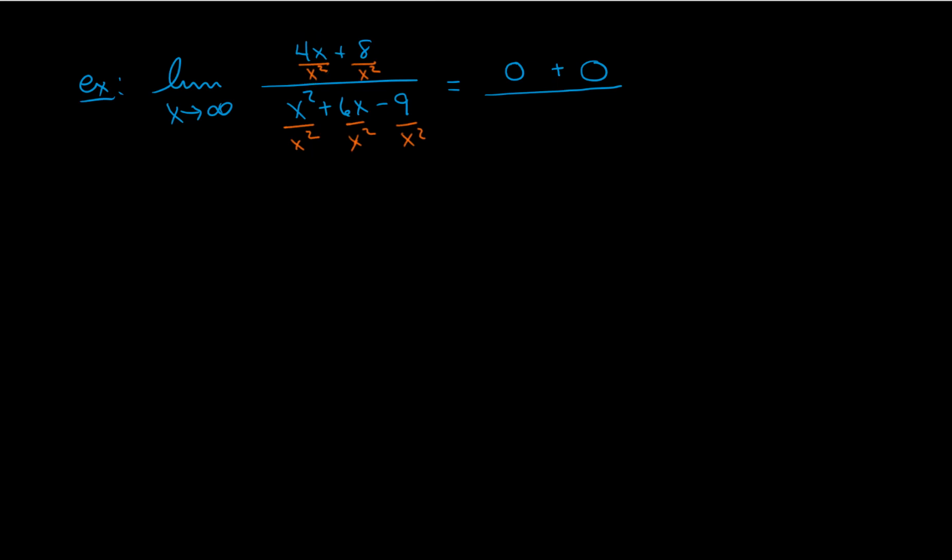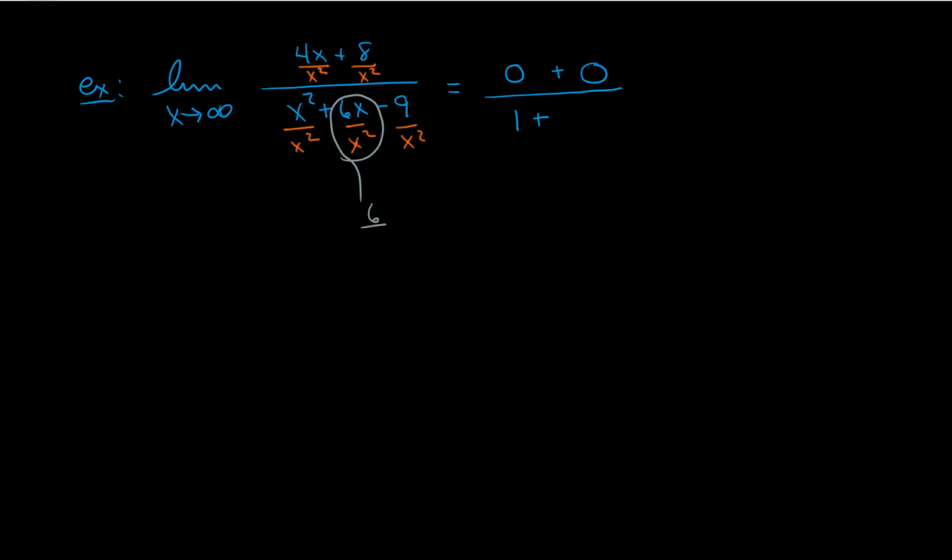Now, in the denominator, the first term, you have x squared over x squared. Well, anything over itself is just 1, except for 0 over 0. So that's just going to give us 1. Plus, now we have 6 times x over x squared, and x will cancel. This will give you 6 over x.